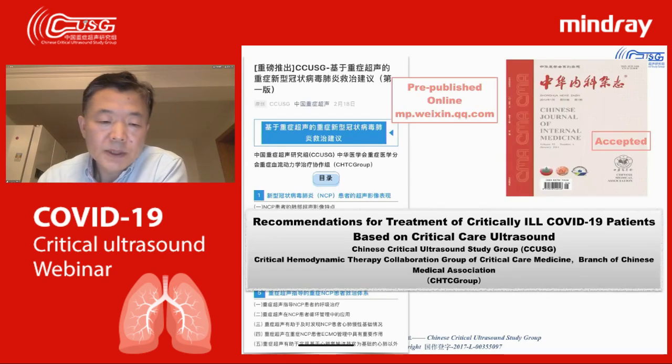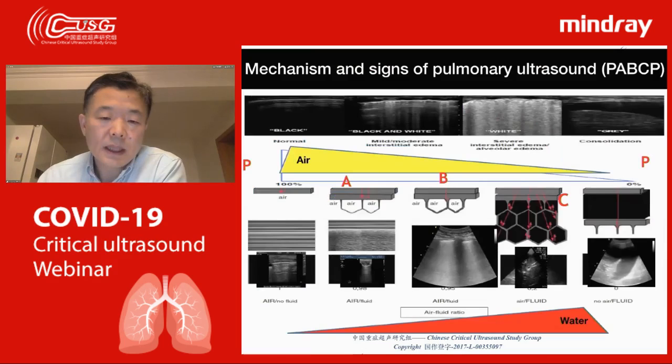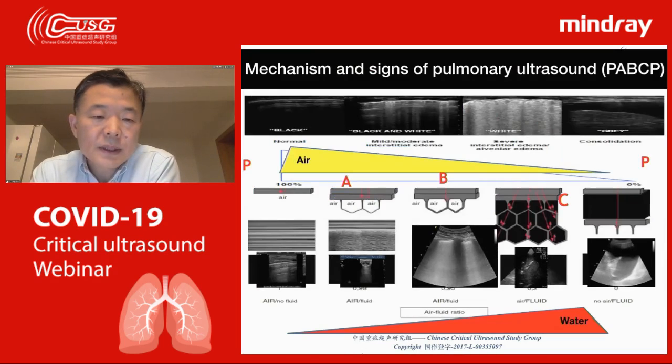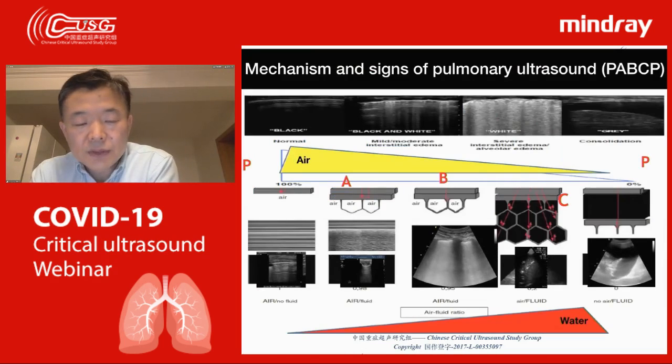So in this guidance, you will see we also need to understand some very basic parts of the mechanisms. You see here is the lung ultrasound, the image, the mechanisms, and the science.